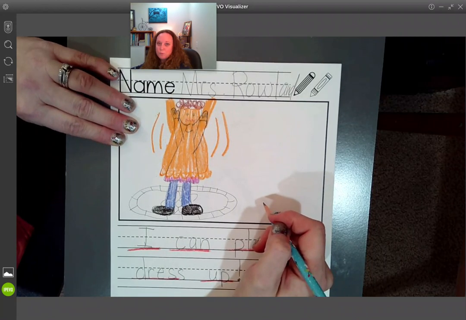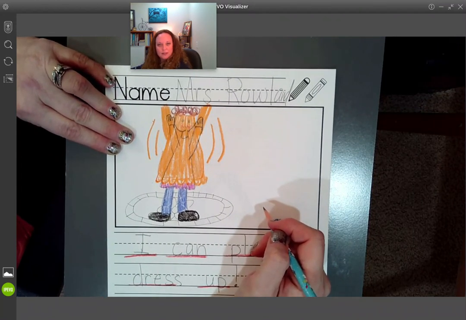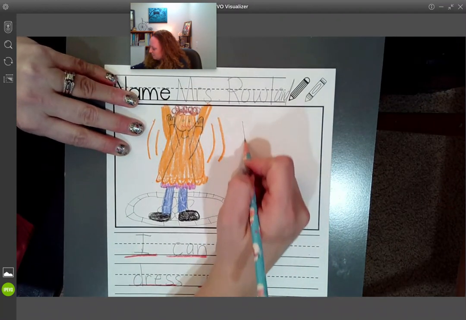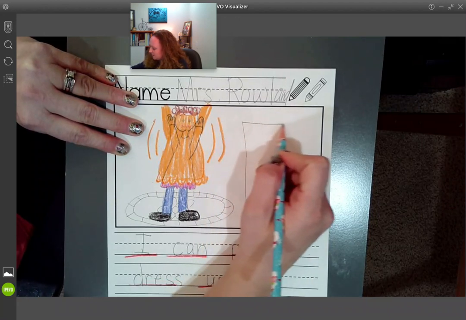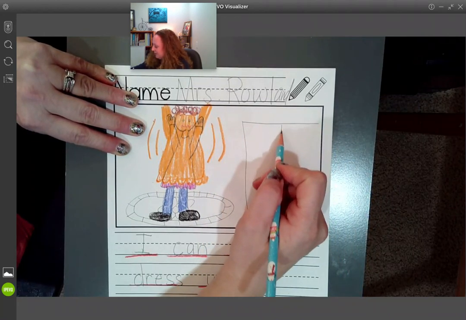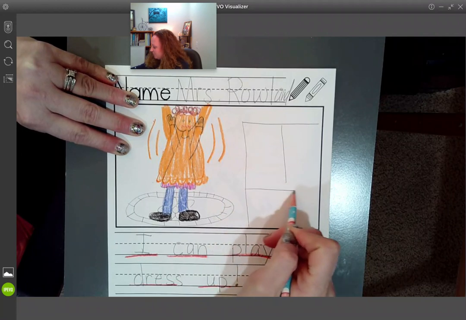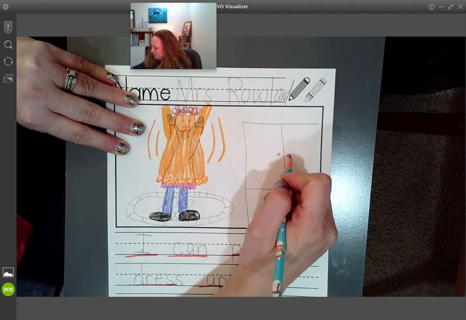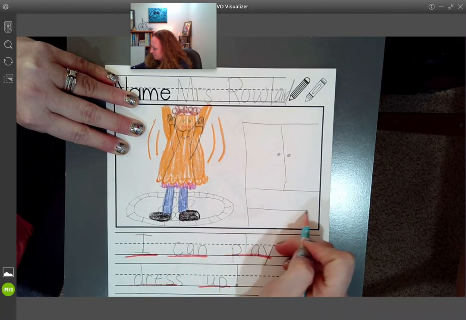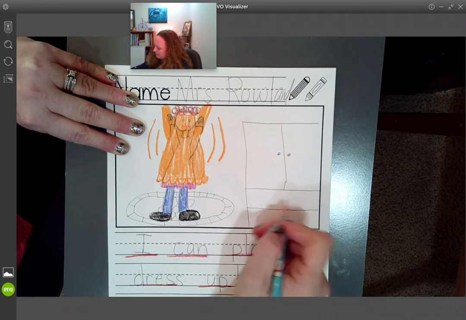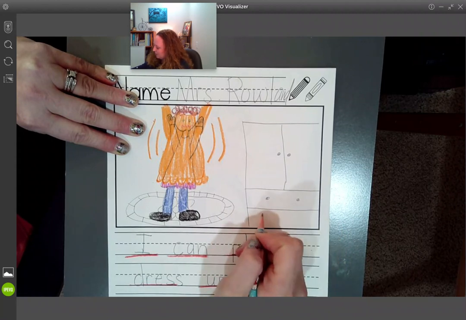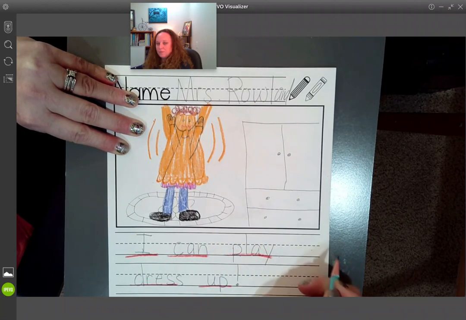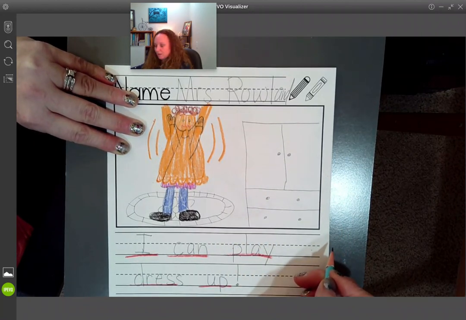And then maybe you might be able to see where I keep all of my dress up clothes. Maybe you would see this nice little armoire or this little dresser. And here's a handle, and here's a handle, and maybe it has some drawers down here. So I just made my armoire.